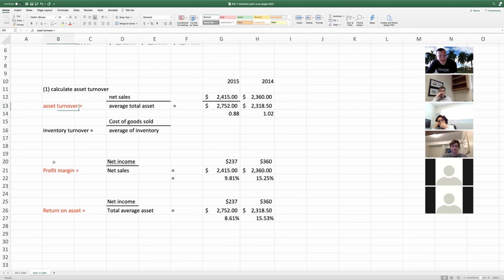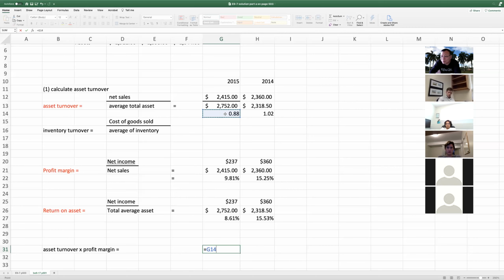So now you've learned these three: asset turnover, profit margin, and return on asset. What if I use a multiplication? Let's see, asset turnover times profit margin. Asset turnover 0.88 times profit margin 9.81.